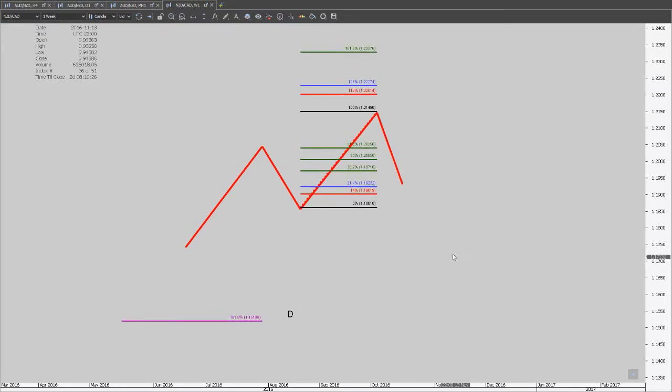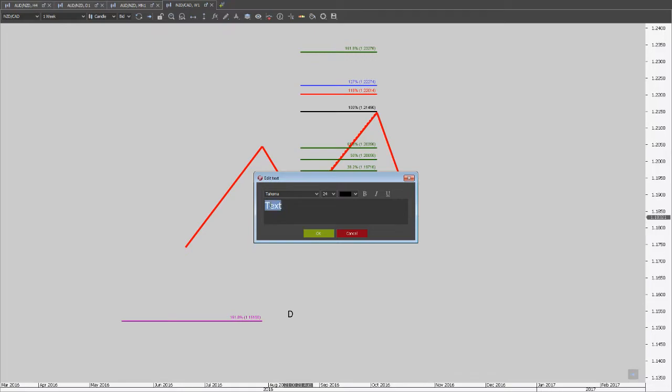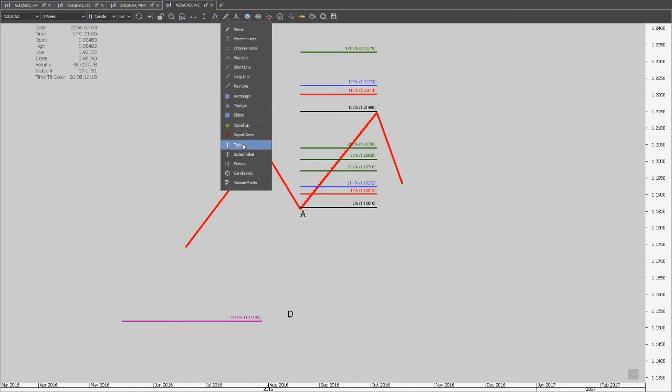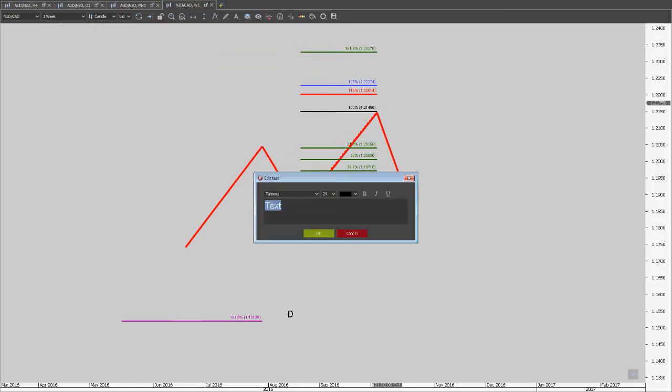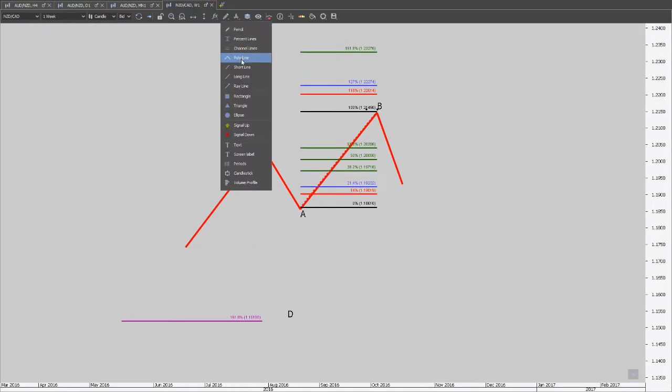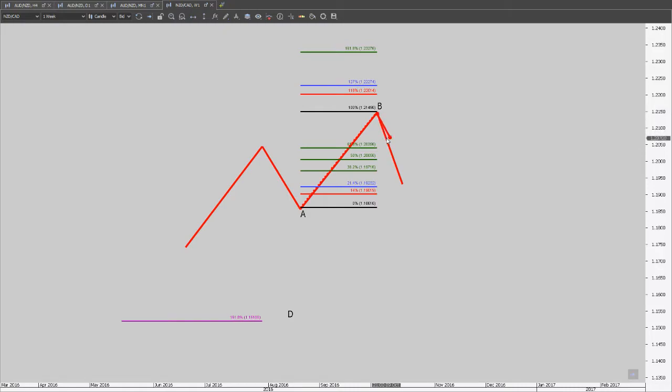If you can find confirmed Cs of the original Fibonacci, so this is A, and this is B. If you can find confirmed, and the market is going to wave, right? It's going to retrace.